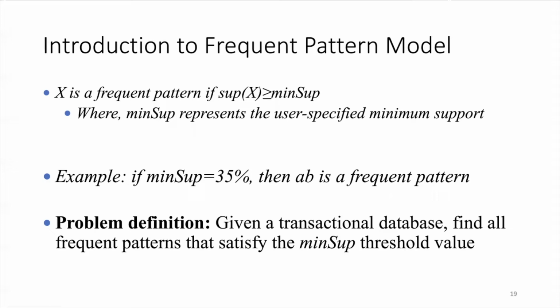Now, looking at the problem definition, it is very simple. Given a transactional database, our objective is to find all frequent patterns that satisfy the user specified minimum support threshold value. So this is the simple problem definition of frequent pattern mining.